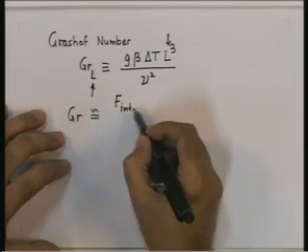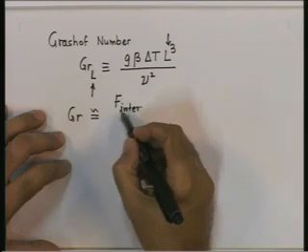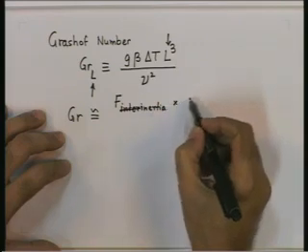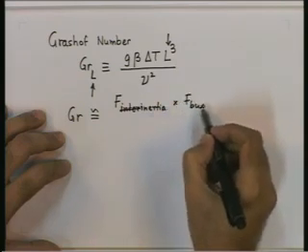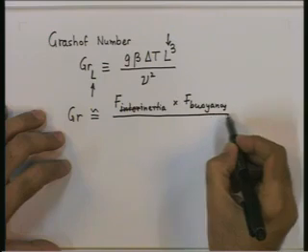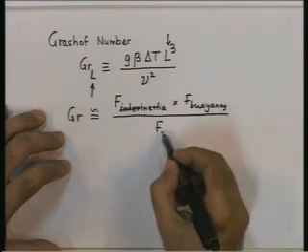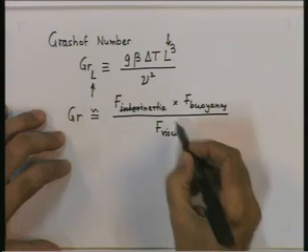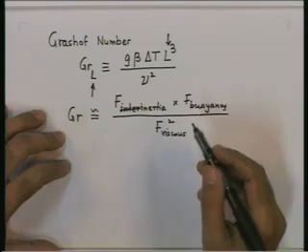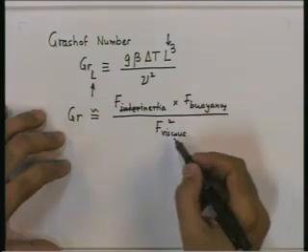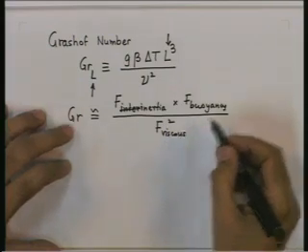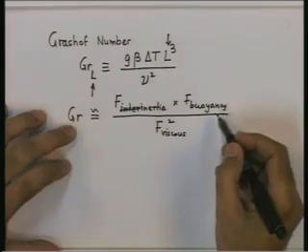You put inertia force, multiply it by the buoyancy force, and divide it by the square of the viscous force. This is the representation of the Grashof number, the significance of the Grashof number. If the viscous forces dominate, Grashof numbers would be small. If the buoyancy forces dominate, Grashof number will be large.